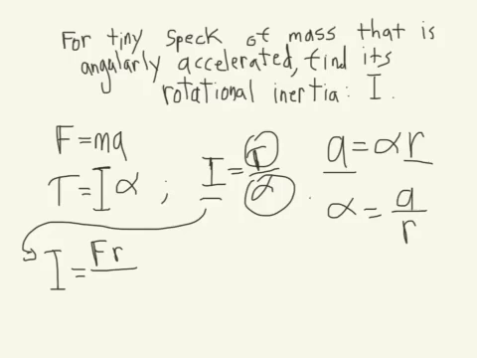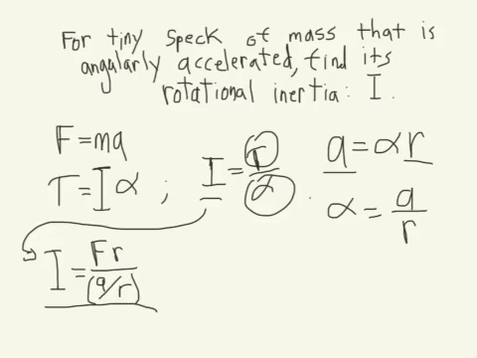So we can go ahead and put in this definition for alpha, a over r, in our equation down here. So it's Fr over a over r. So it's like Fr divided by a divided by r.